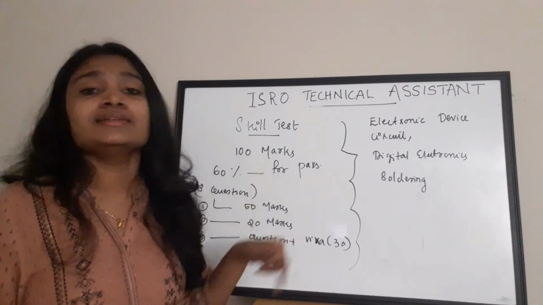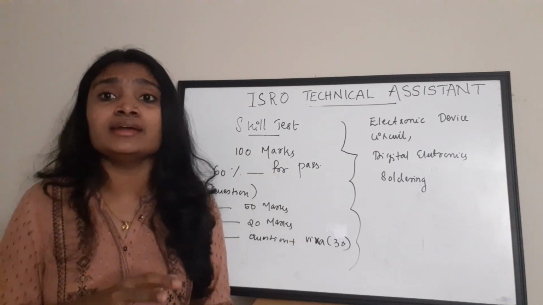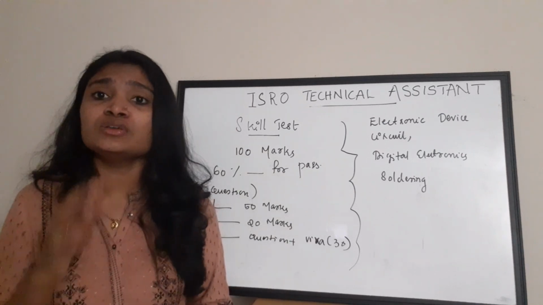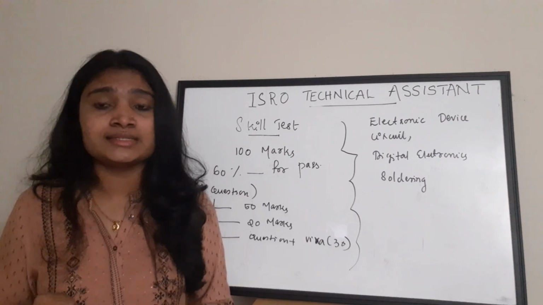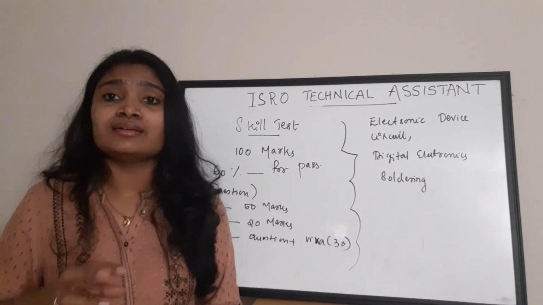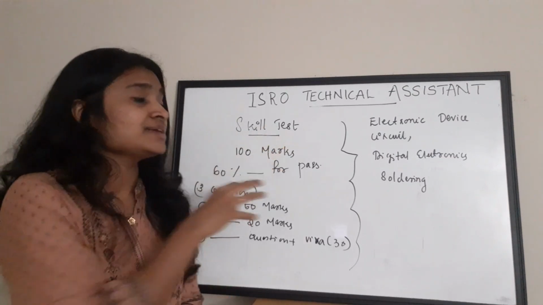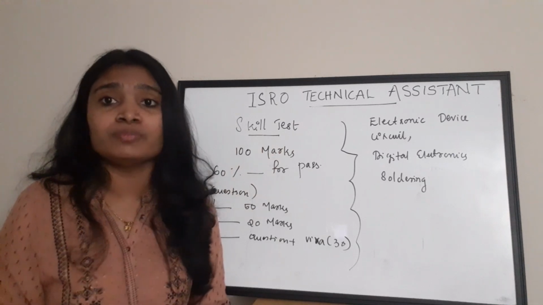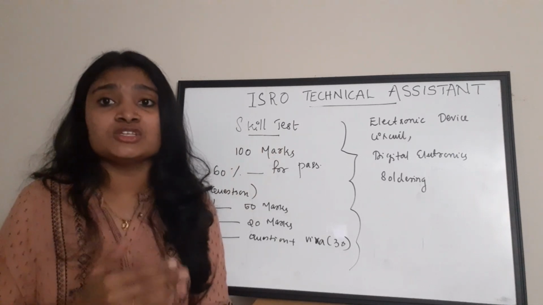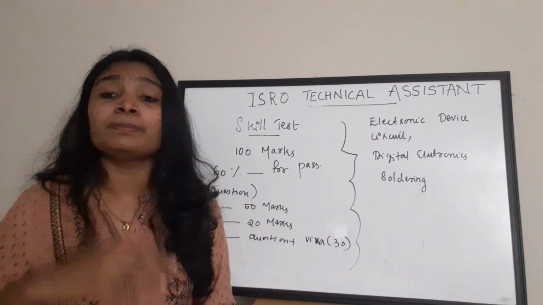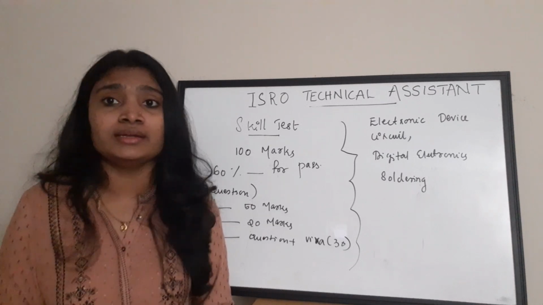Okay, so this skill test will be actually in and out selection. That is, if you have passed the written test, and then you will be selected for the skill test, where there will be some cutoff mark or some benchmark or a pass mark. If you are passing that pass mark, you are in, otherwise you are out.